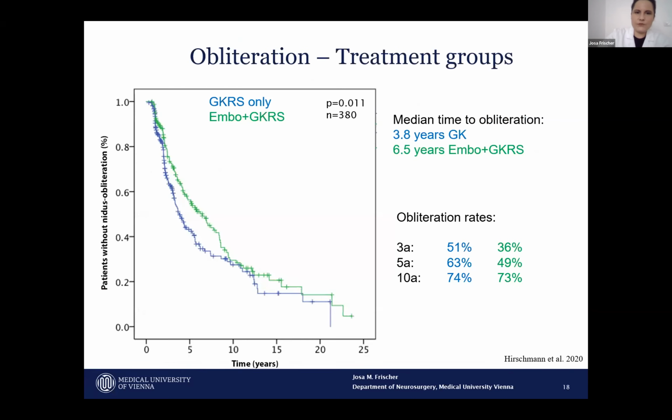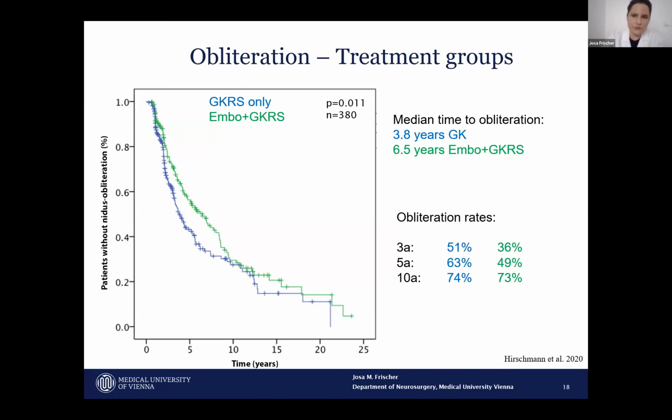So what we could see here now is that the obliteration rates are obviously significantly higher, or there's a shorter median time to obliteration, in the radiosurgery alone group compared to the combined group.